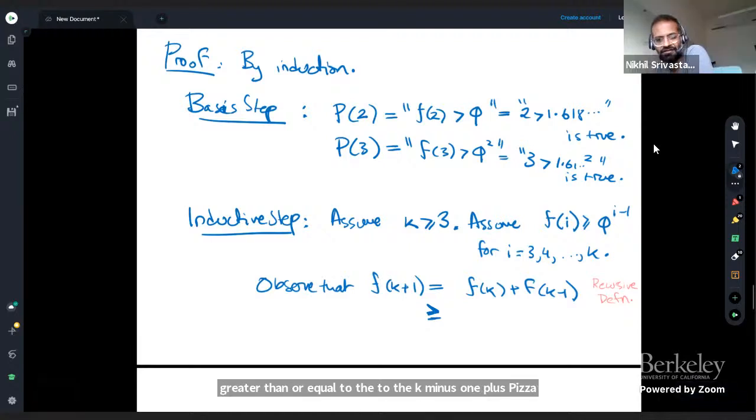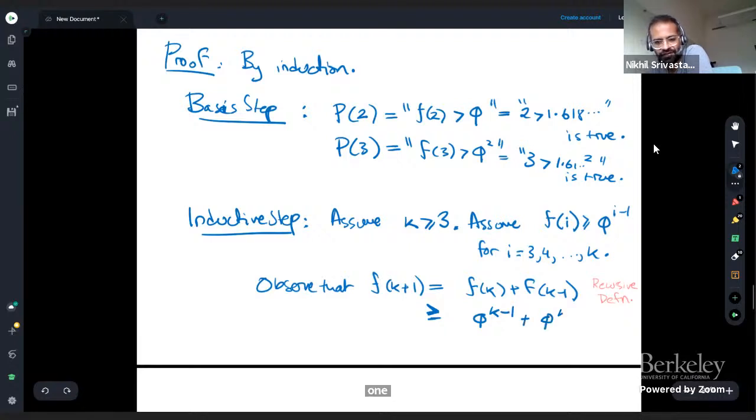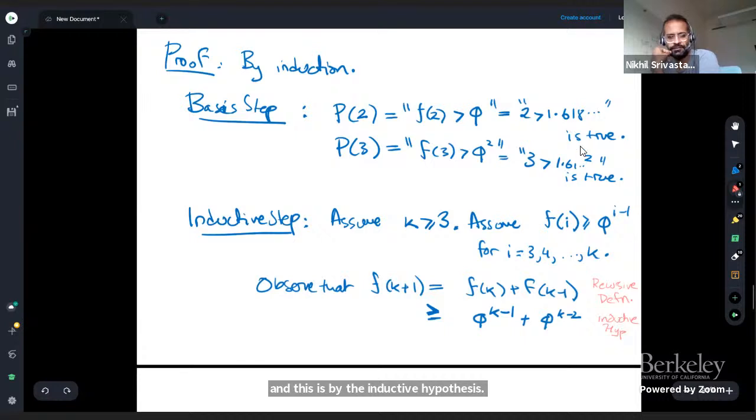So I'm going to apply the inductive hypothesis to each of these things. So I'm using strong induction, right? So f of k is bigger than phi to the k minus 1 plus, and this is bigger than phi to the k minus 2. And this is by the inductive hypothesis. And now my goal is to show that this is bigger than phi to the k, right?